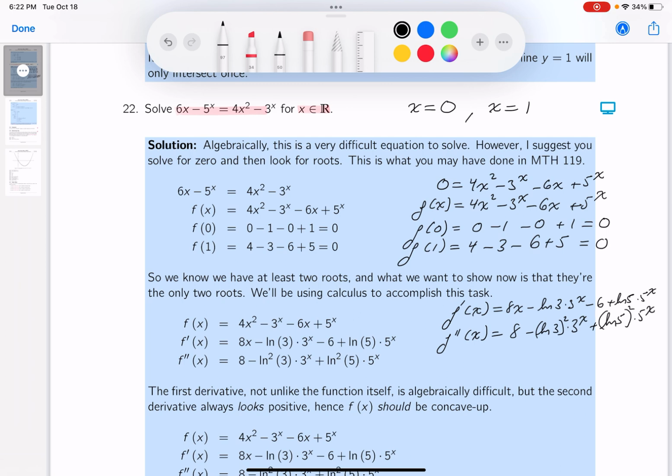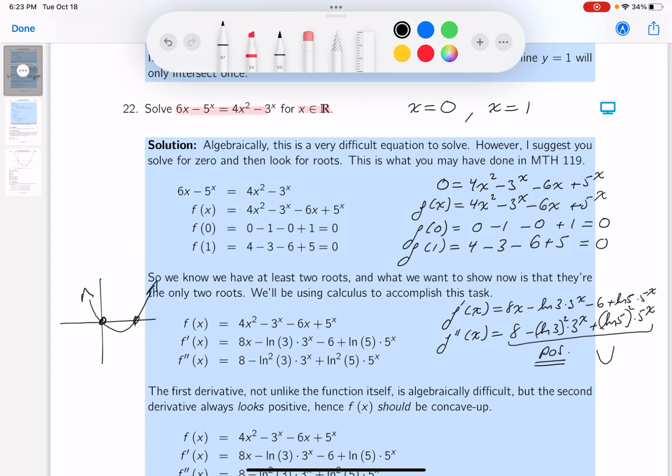Now my suspicion about this derivative is that it's always positive. If it's always positive, it means it's concave up. I don't know that to be true at this point, but it looks positive. So we have a root at 0 and a root at 1, and if that's true, it's concave up, and that means there are only 2 roots.